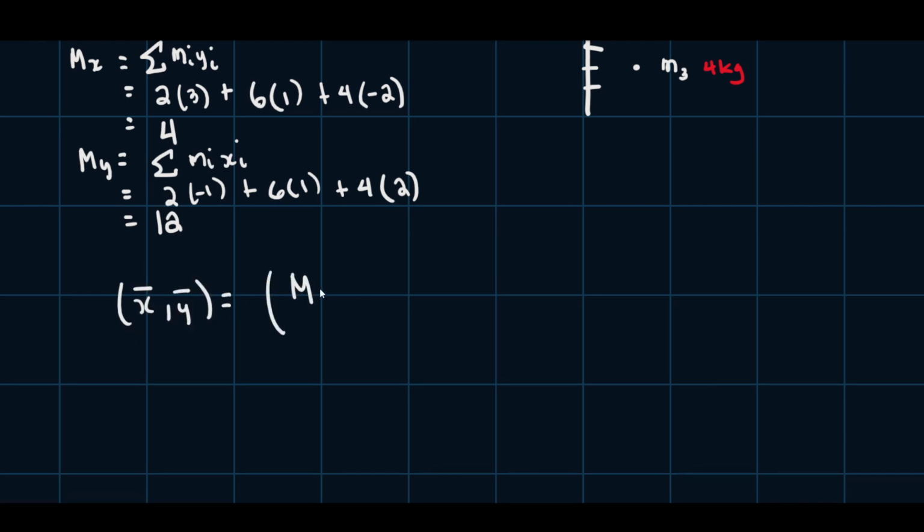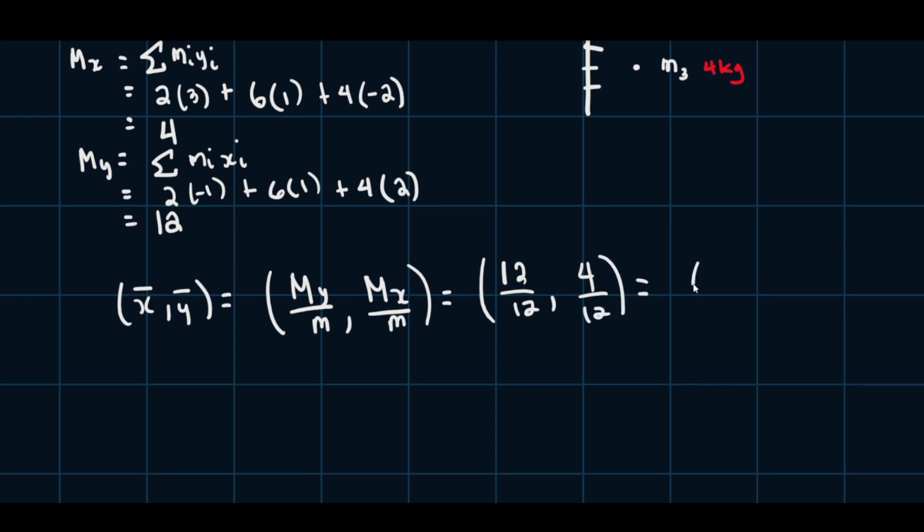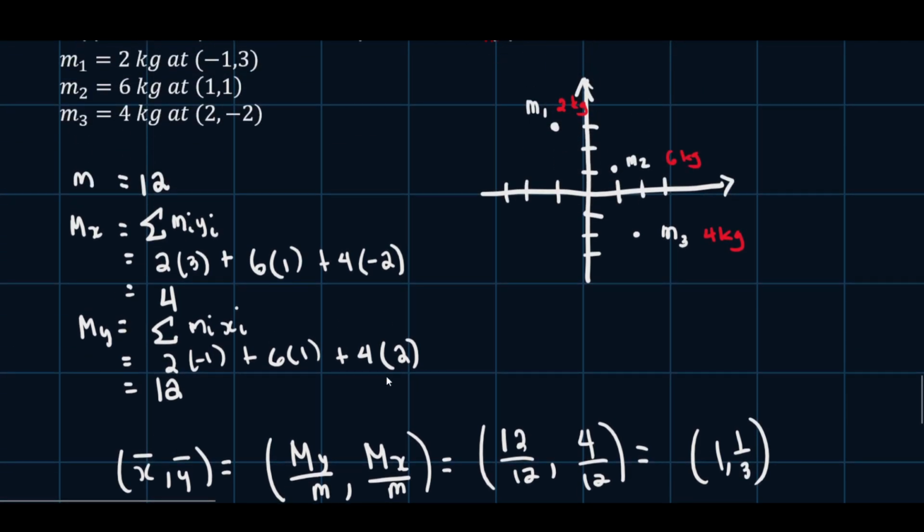This is the moment about the y-axis all over m, moment about the x-axis all over m. So we have here 12 over 12, 4 over 12, or 1, 1/3. So the center of mass of this configuration will be found somewhere here. Somewhere dyan. Center of mass.